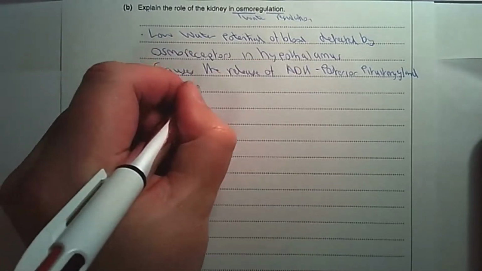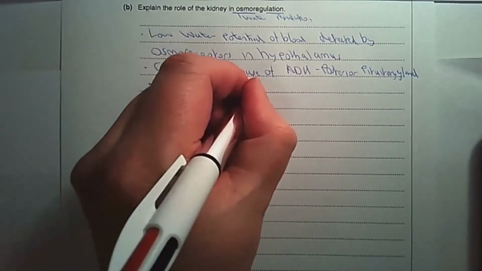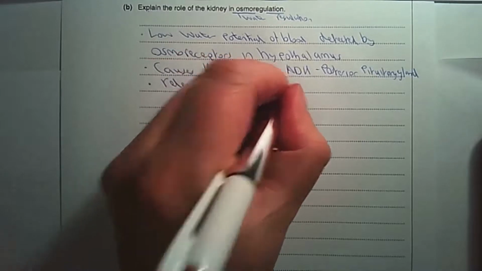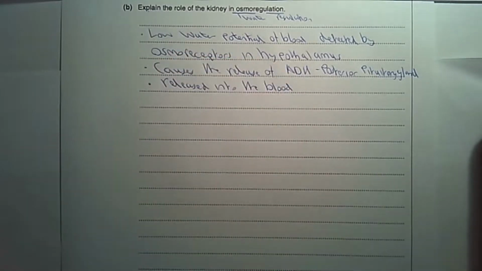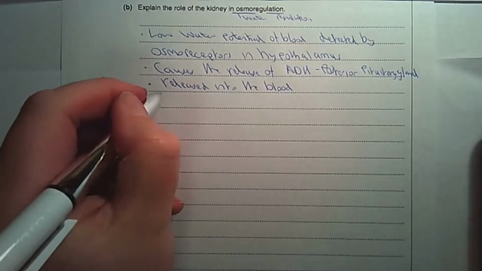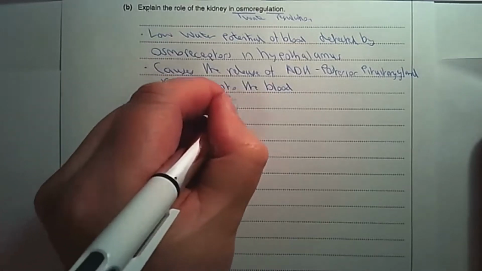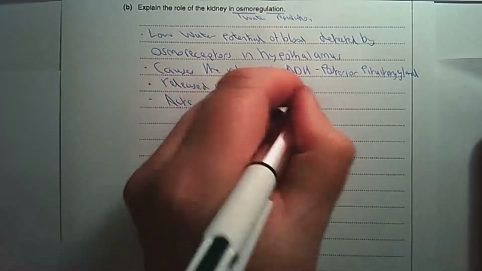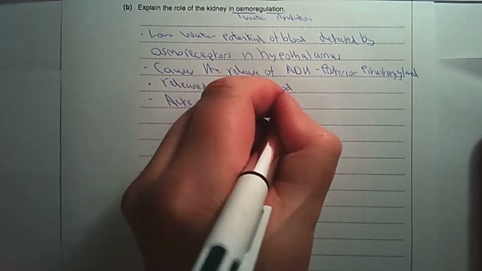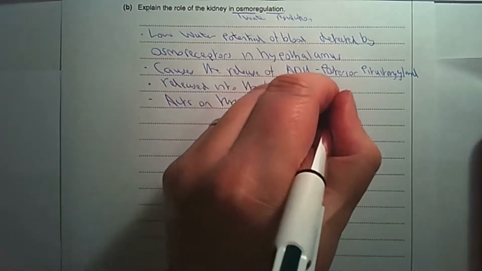Right, that ADH is released into the blood as it's a hormone, and it acts on target cells on the collecting duct in the kidney.